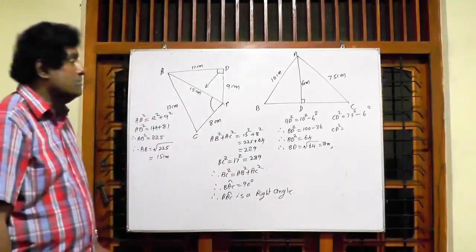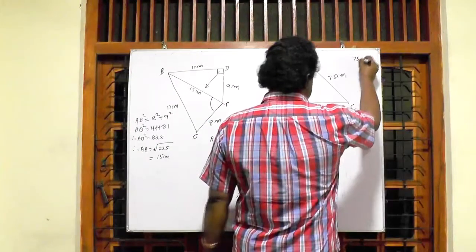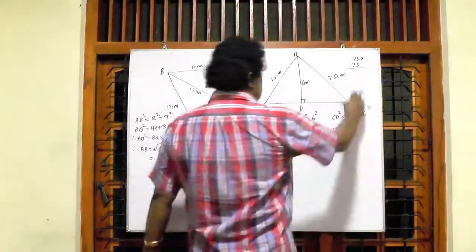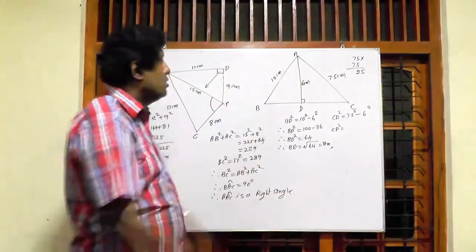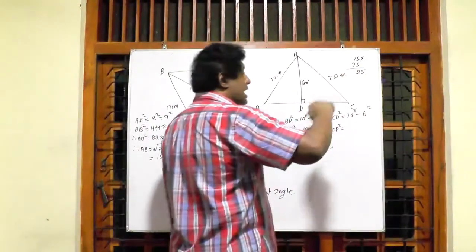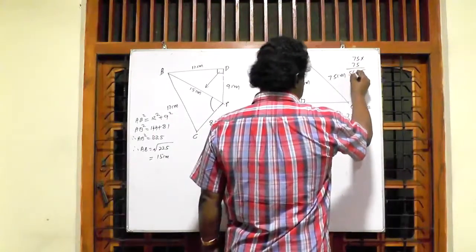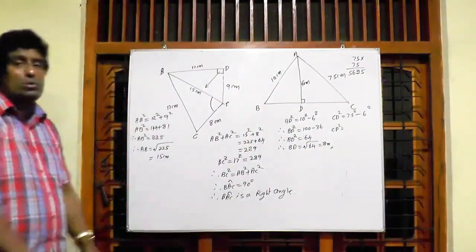Please multiply 75 by 75. Is there any simple method to get the square of this one? Yes. 5 times 5 is 25, that can be written on the right. Then 1 has to be added to 7, then it is increased up to 8. 8 times 7 is 56. Then that answer is 5625.